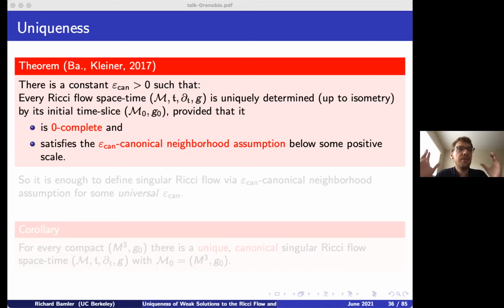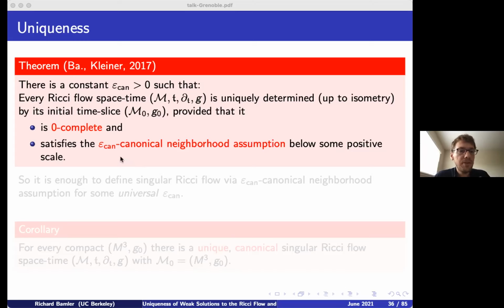Okay? So in other words, if we take two singular Ricci flows with isometric initial data, and if they both satisfy these two conditions, then they have to be isometric, or somehow the isometry extends over the entire flow. The isometry at time zero extends over the entire flow. Okay. And I'll talk a little bit more about this result later.